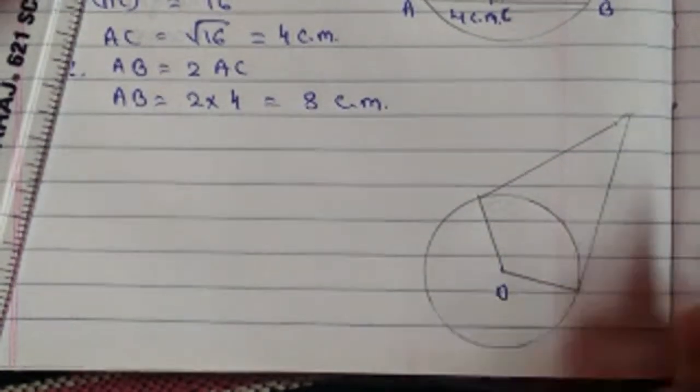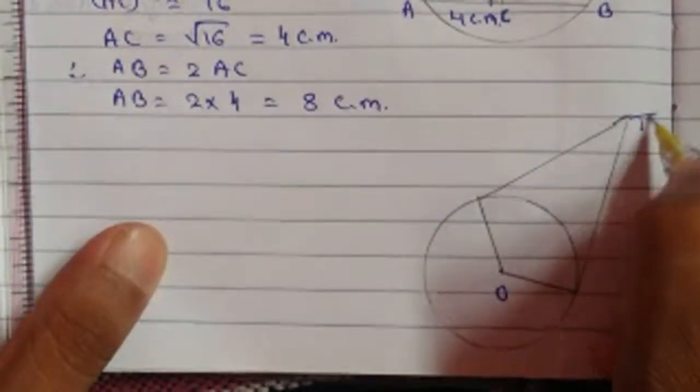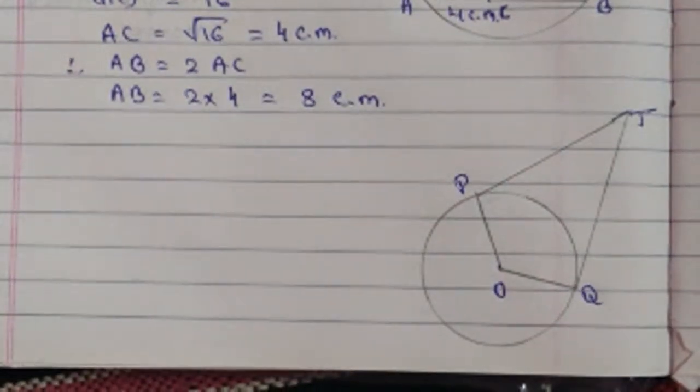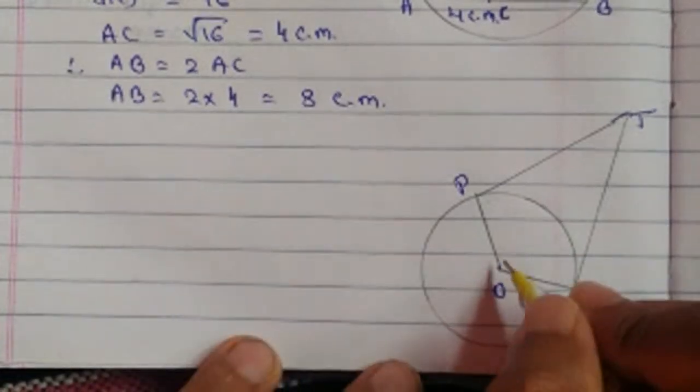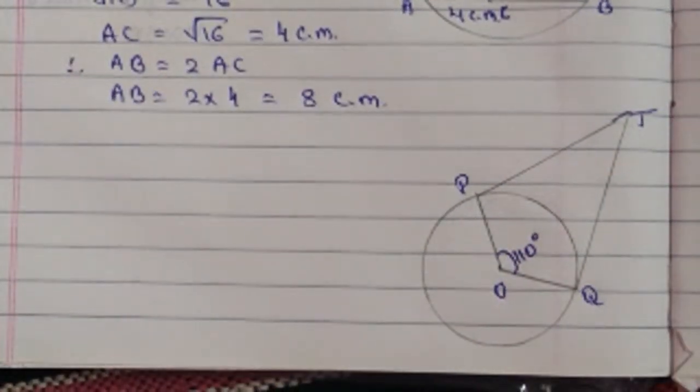This is the diagram, and this point is T, this point is P, and this point is Q. O is the center, and the central angle is 110 degree.